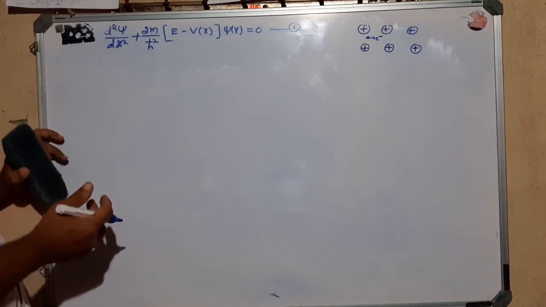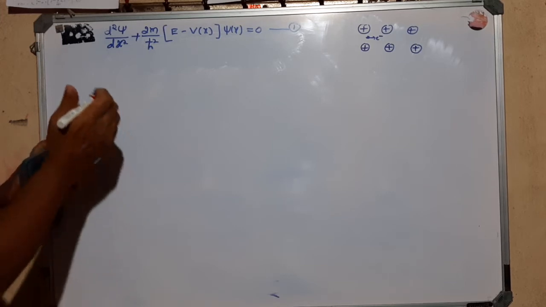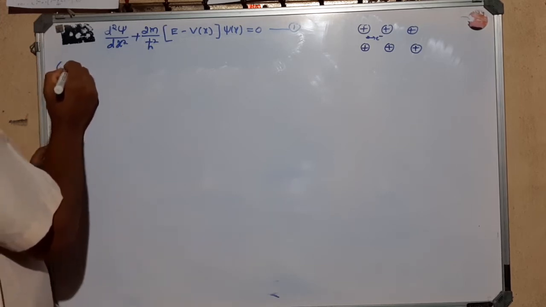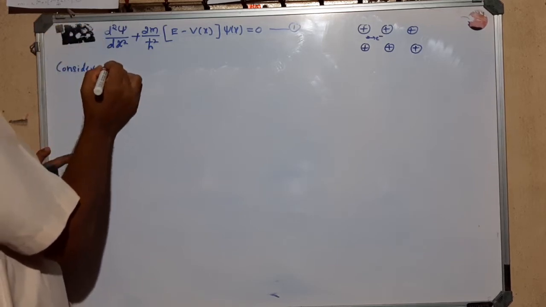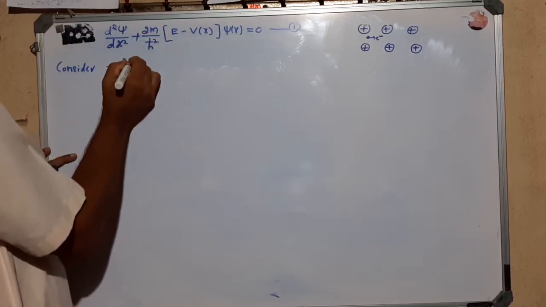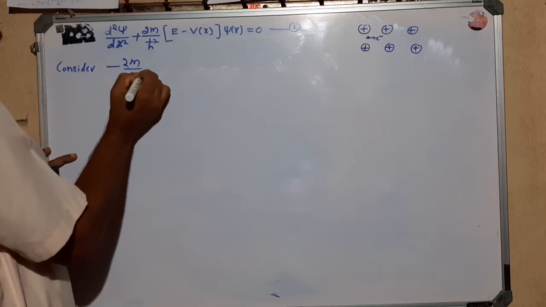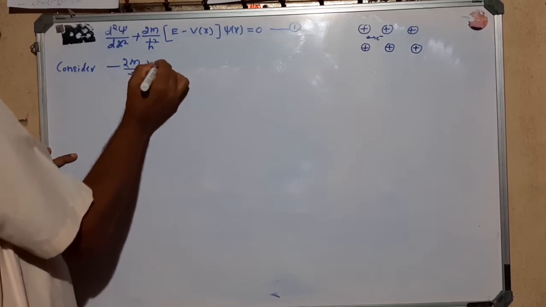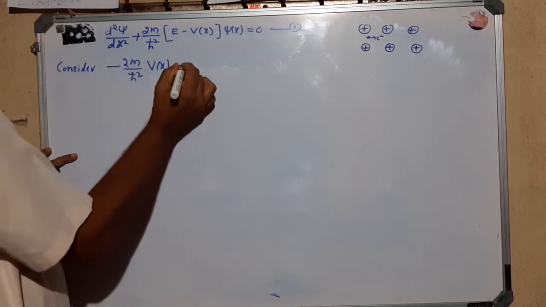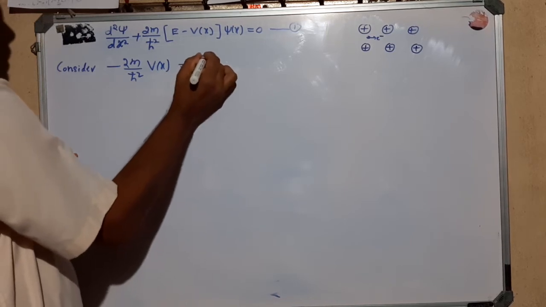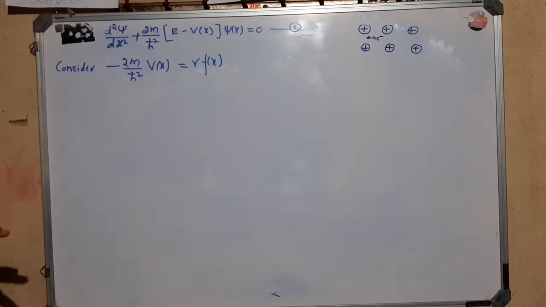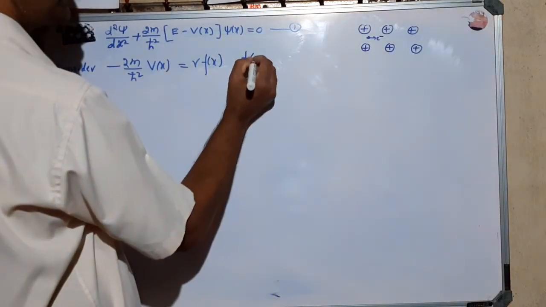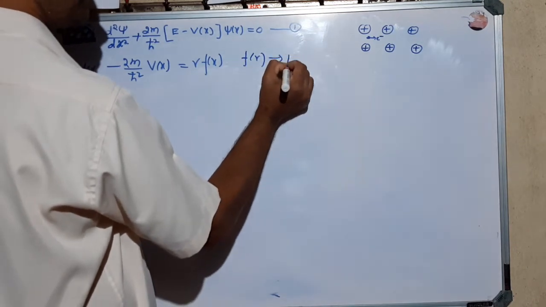So here consider, in this equation, −(2m/ħ²)V(x) = γ f(x). Here f(x) is nothing but the periodicity of the lattice.